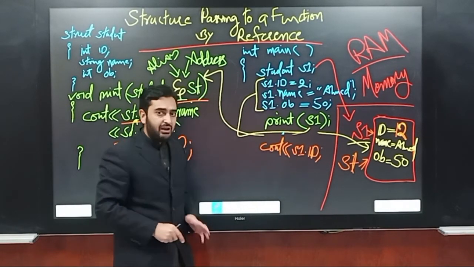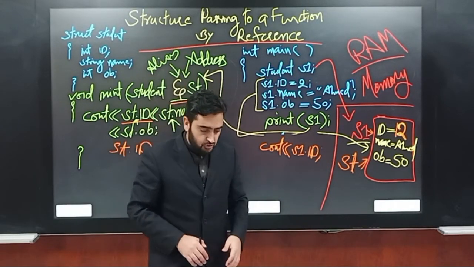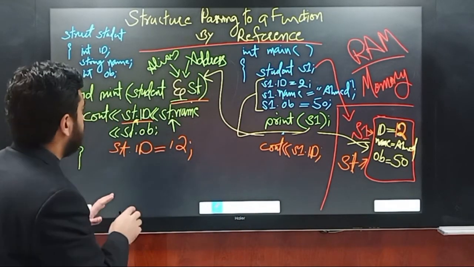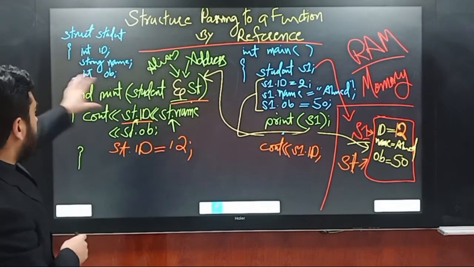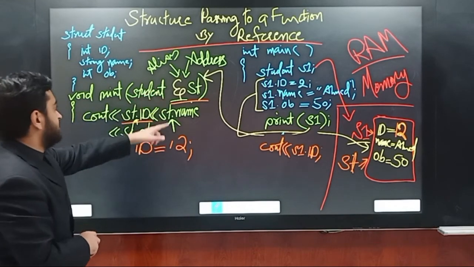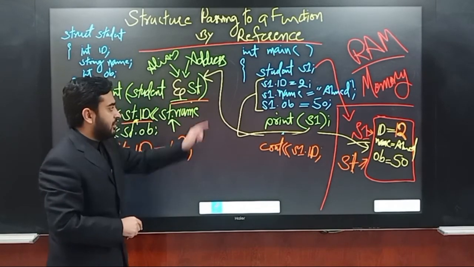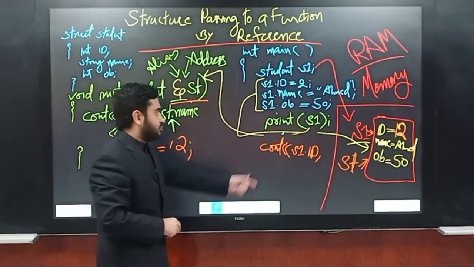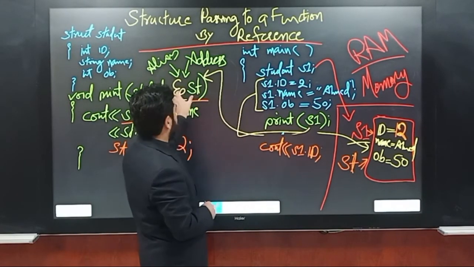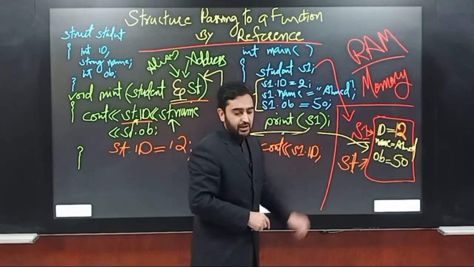So this is how we pass the structure to a function by reference, by declaring an alias of the actual variable. So st is the alias of s1.